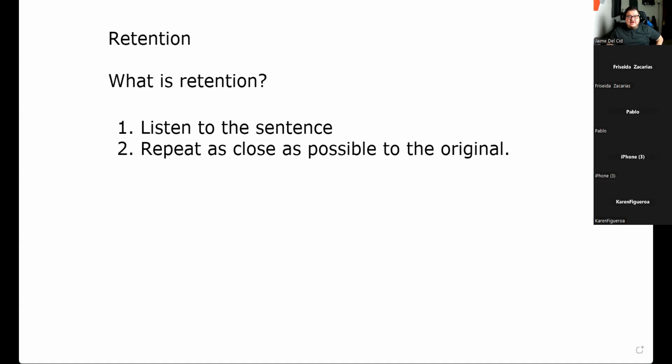Let me do it again. She's pretty disorganized. She forgets something almost every class. She's pretty disorganized. She forgets something almost every class. Okay, very close. She's pretty disorganized. That's the word that you're missing, the pronunciation, right? So she's pretty disorganized. She forgets something almost every class.